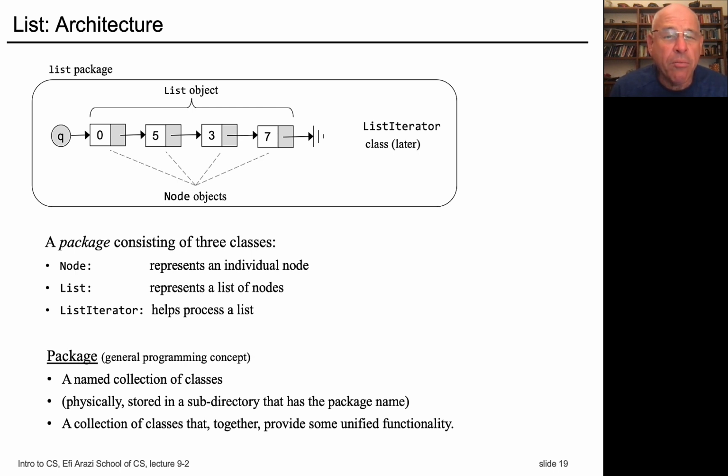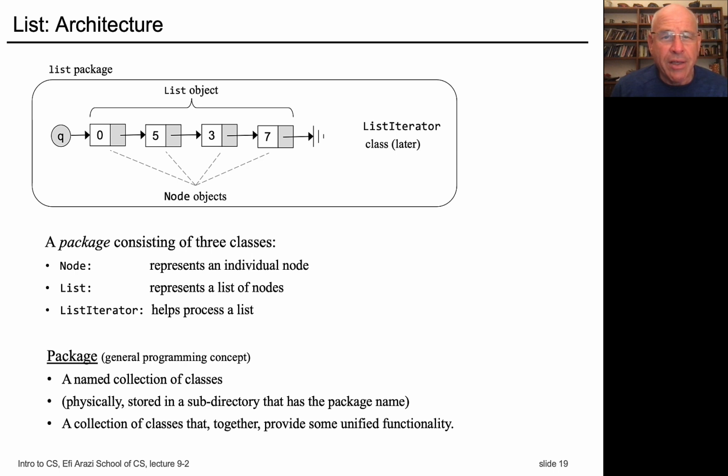But there are more things to a package, as you will see later on. In general, why do we create a package? Because the classes in a package taken together provide some unified functionality, okay? And when I say unified functionality, I mean they serve the same purpose, some big purpose. For example, creating and maintaining lists. That's a big purpose.